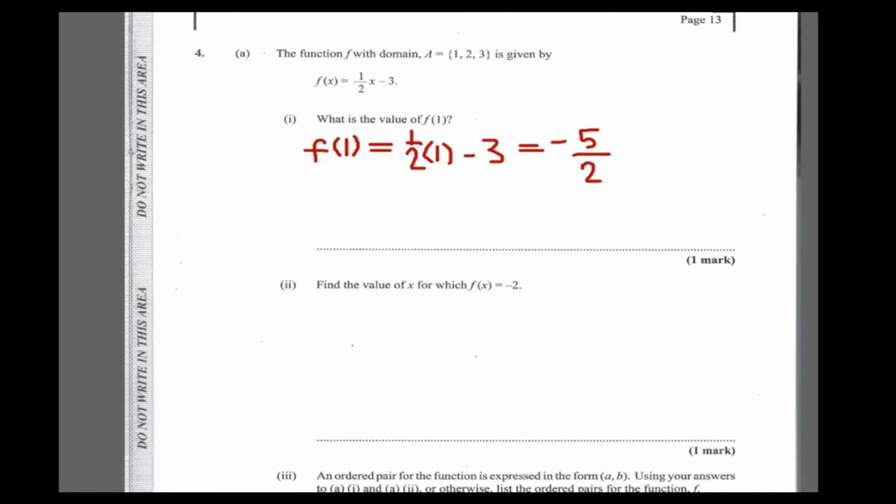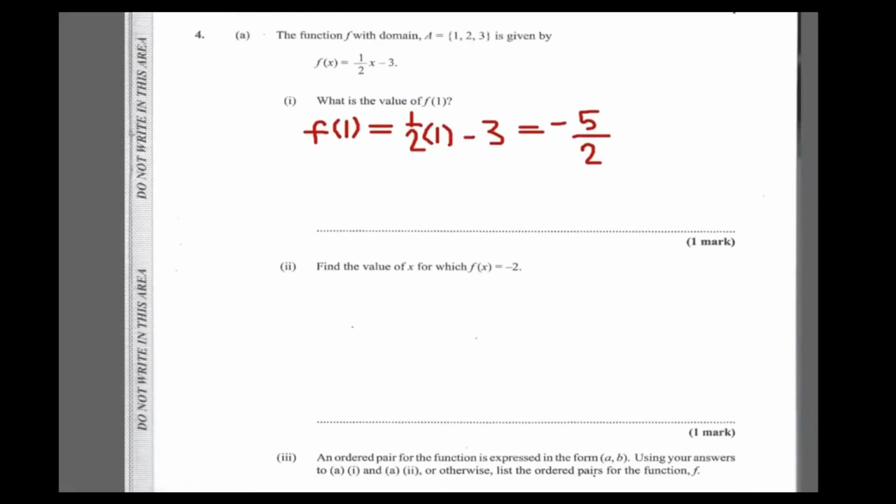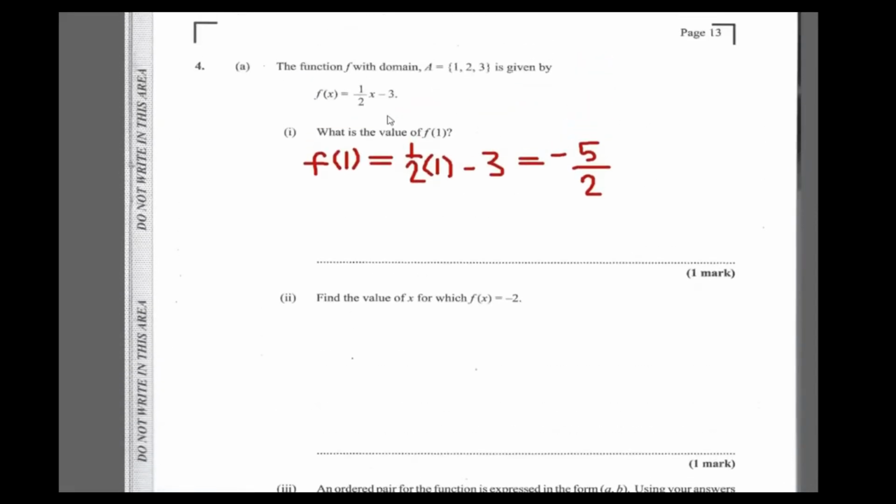Now, it says find the value of x for which f of x is negative 2. So we're going to set f of x equal to negative 2. So we have a half x minus 3 is equal to negative 2. Bring over the negative 3 to get positive 3.